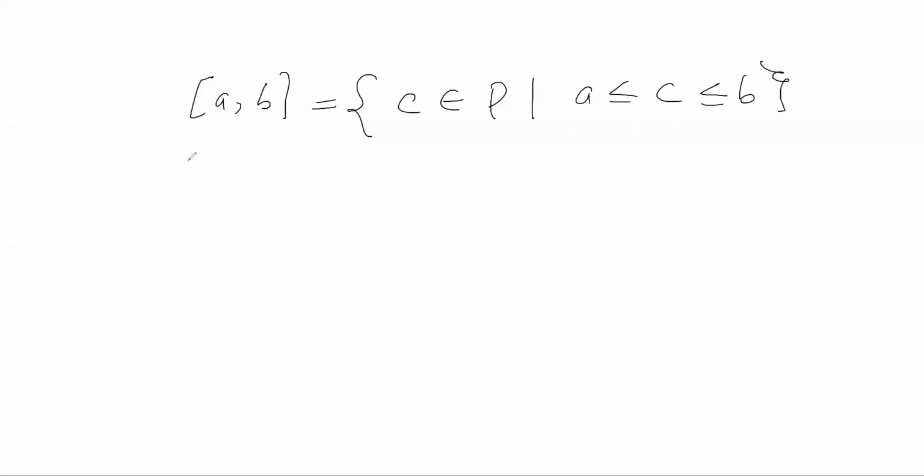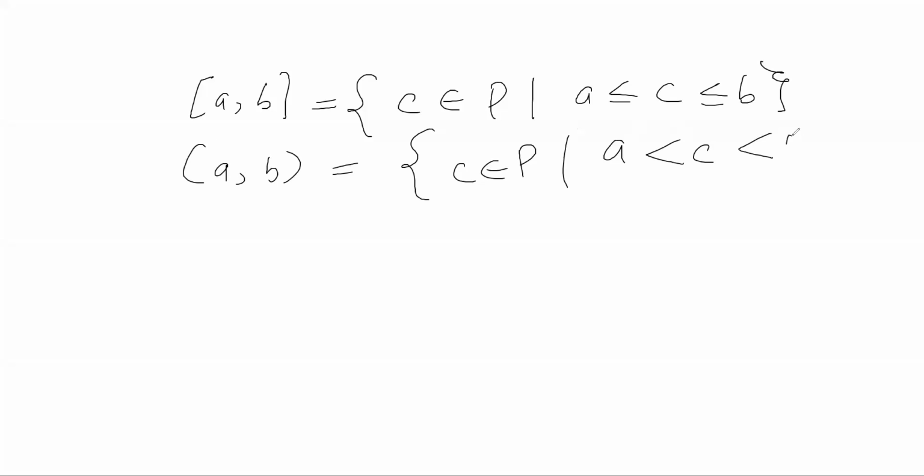So what is the closed interval A comma B? It is the set of C belonging to P such that A less than or equal to C, C less than or equal to B. And the open interval A comma B is the set of C belonging to P such that A is strictly less than C, C strictly less than B. So these were some of the notations.